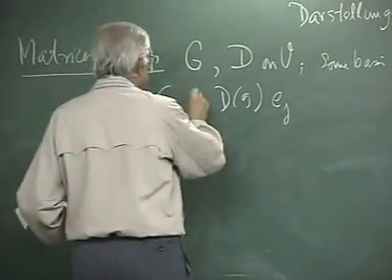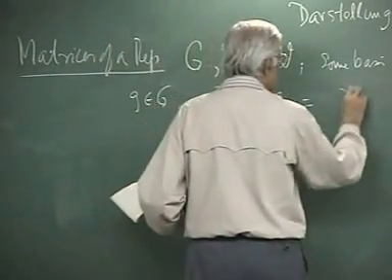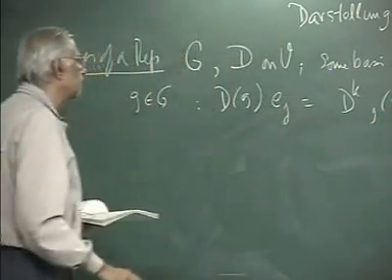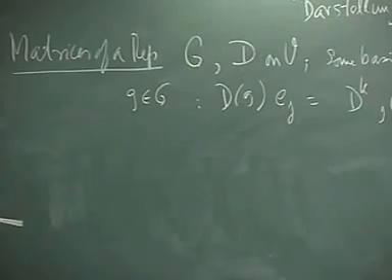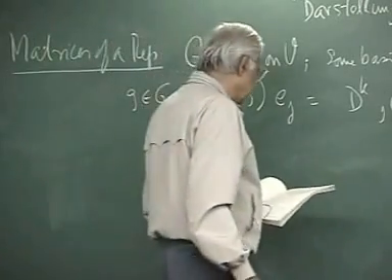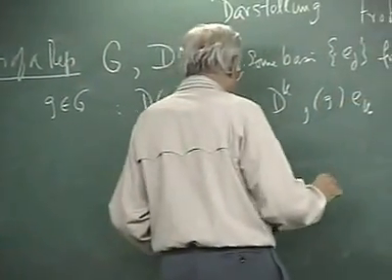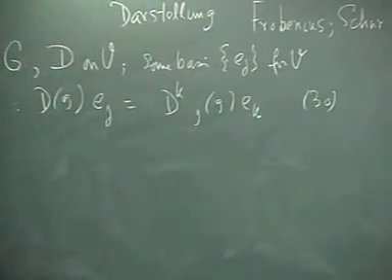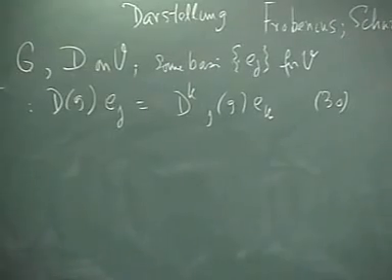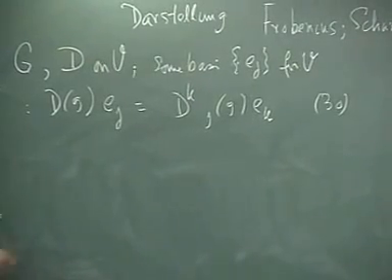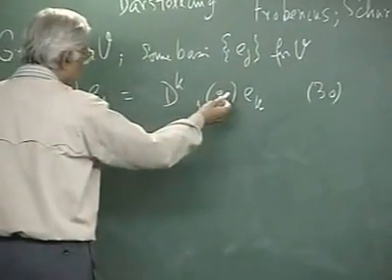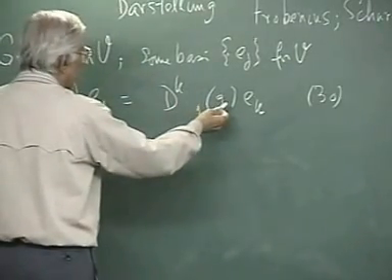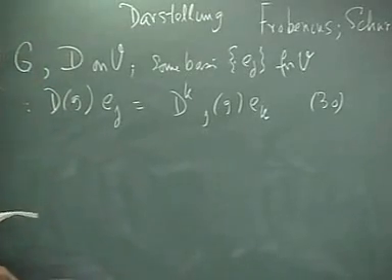This is a vector in V, so it can be expanded in this same basis. We will denote the expansion in this way, where there is an index k which has to be summed over, and these coefficients will be written as d superscript k subscript j, functions of the group element. These will be complex numbers in general if it's a complex vector space, and real numbers if it is a real vector space.